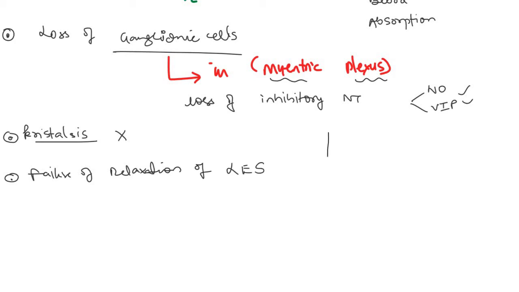You know that this is the esophagus and this is the stomach, and in between the esophagus and the stomach there is a sphincter which is called the lower esophageal sphincter. For the food to pass from the esophagus into the stomach, this sphincter needs to be relaxed or opened, whereas in achalasia cardia, there is no relaxation of this lower esophageal sphincter because of the loss of ganglionic cells from the myenteric plexus.